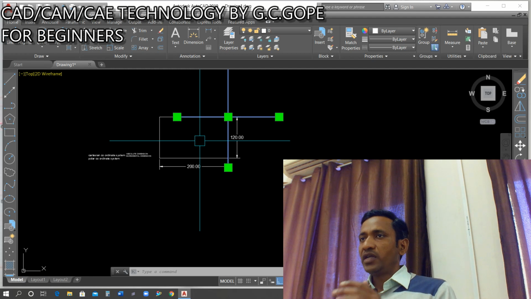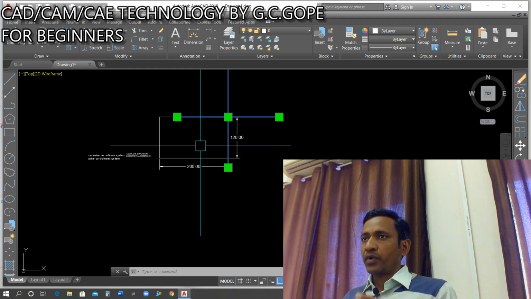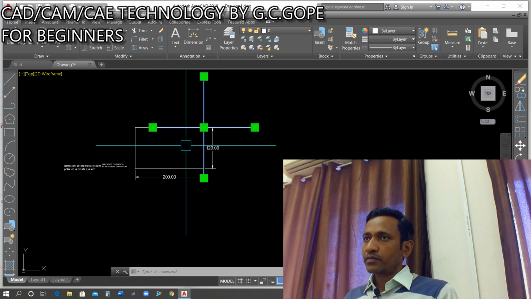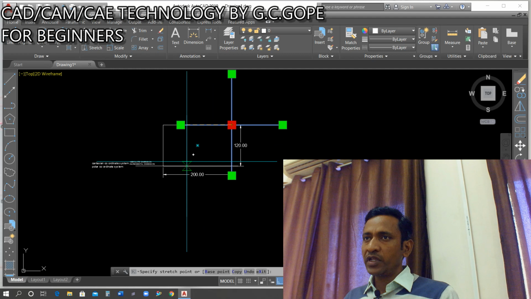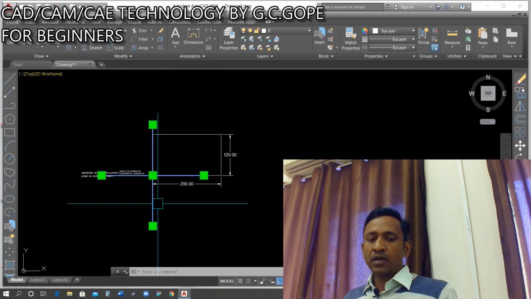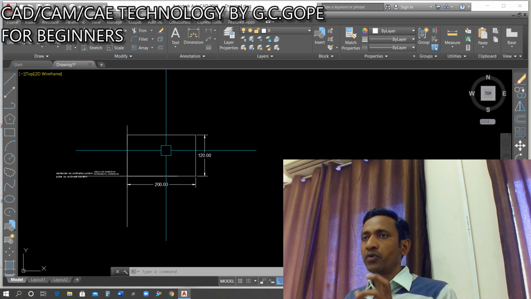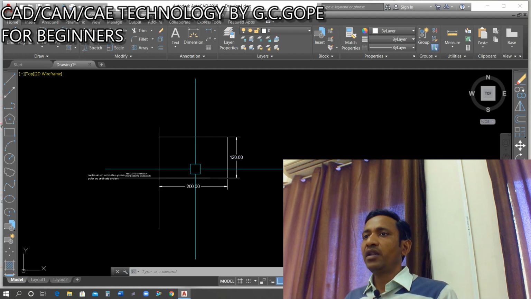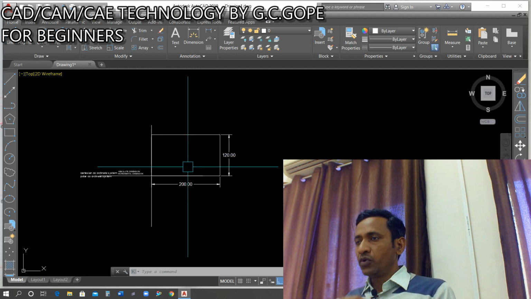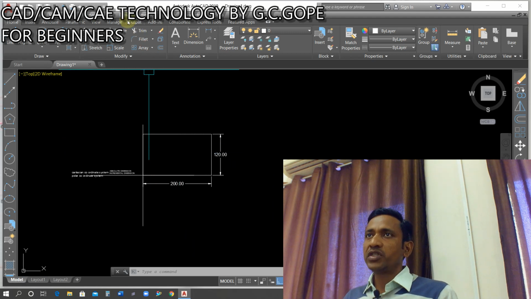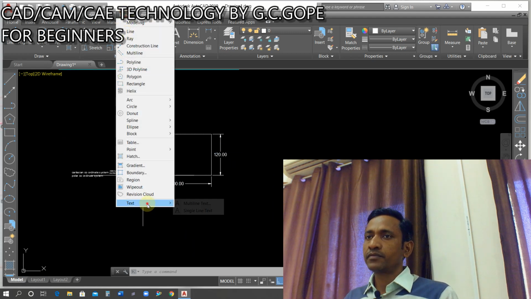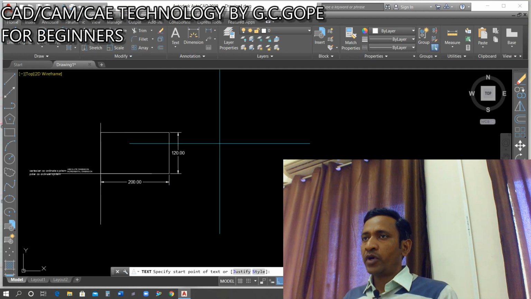So let's learn how to find the coordinates of this one from the first coordinate system. For this I have to move this one here. Now I am going to write the coordinates of this rectangle with the help of the absolute coordinate system. So see, pick this point.